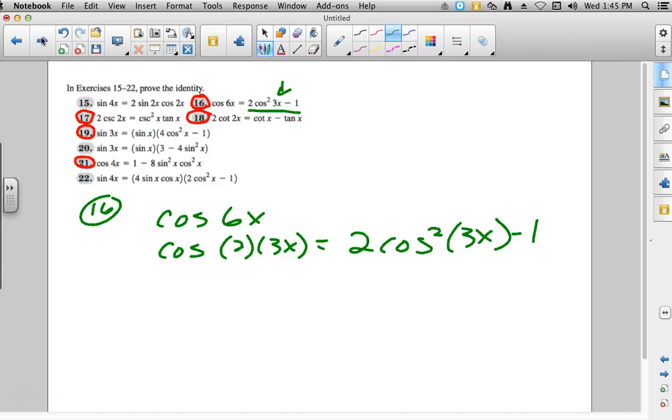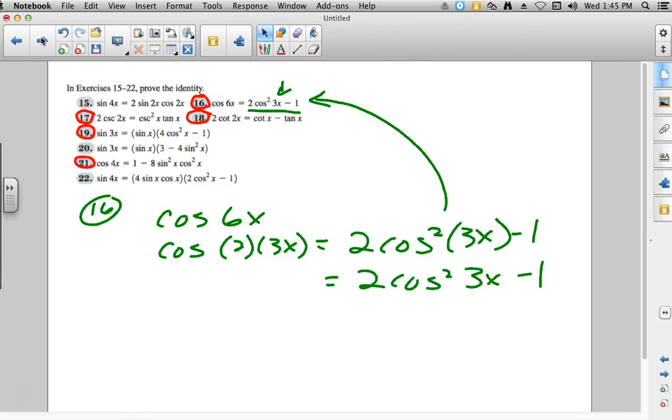And that is exactly what they wanted. So when I saw the 3x, I thought, I better be using the double angle formula for the 3x. And then we just put it in and it's done. To make it look exactly like they have, we could just take off the parentheses there.